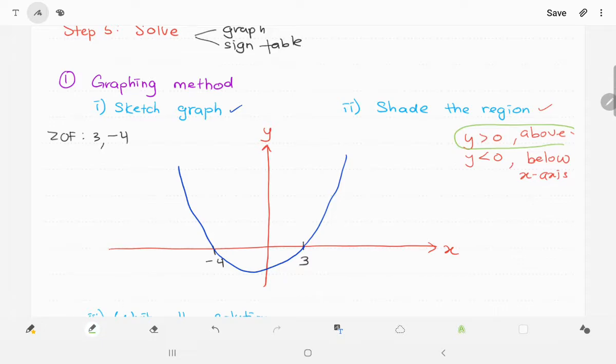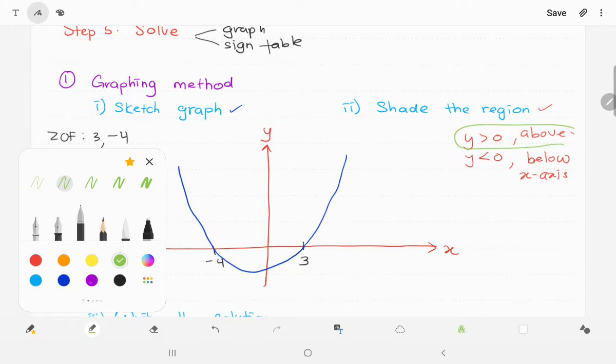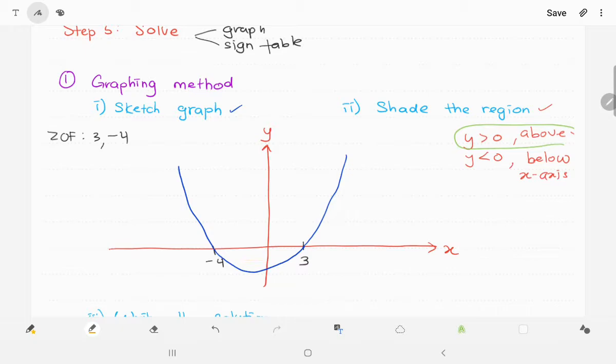If above, our shaded region will be to the left and to the right. So y greater than 0 means above the x-axis.